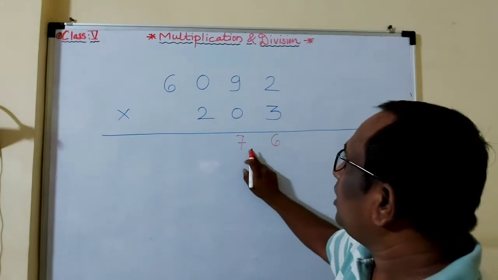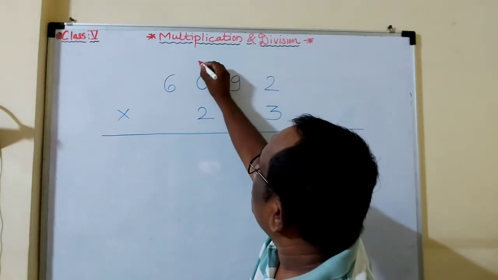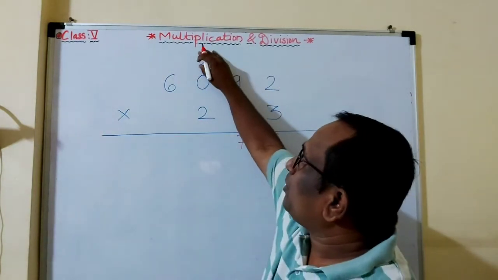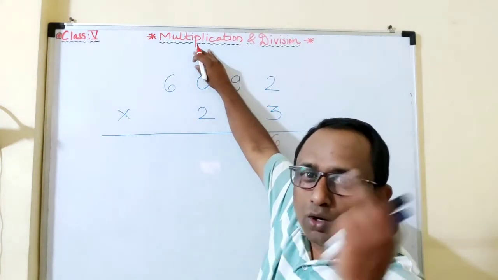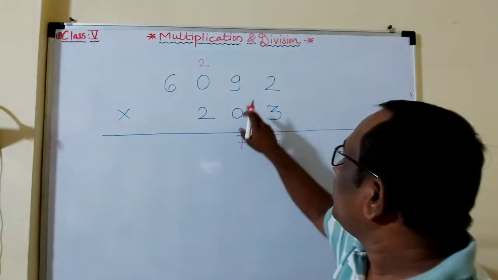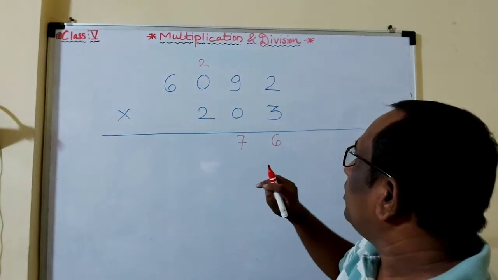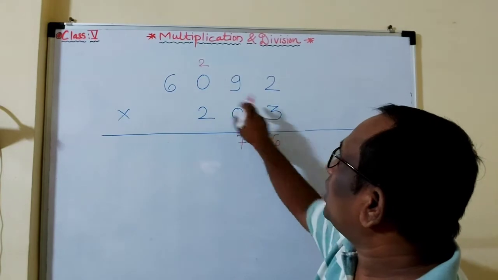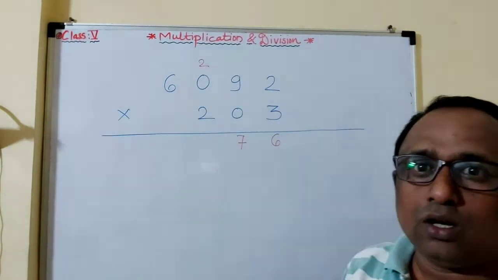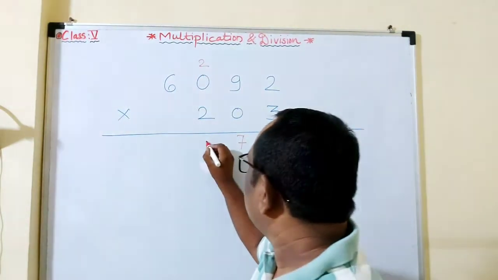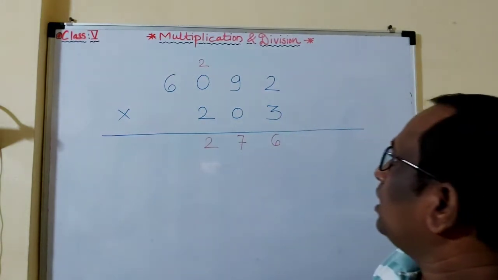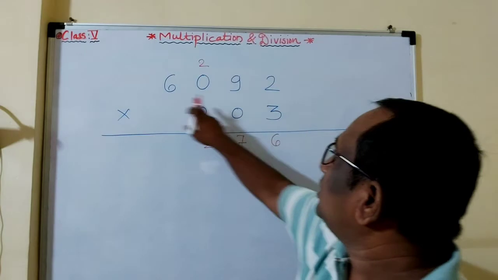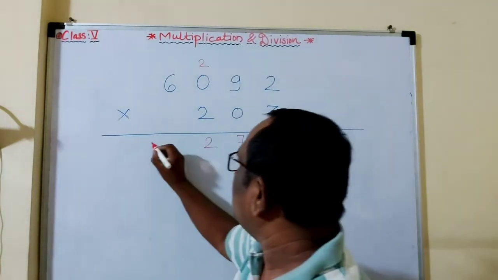Okay, 27, 2 carry over. I'll write for your information, but no need to write actually, you have to keep in mind. So 9 3s are 27. Now we have to multiply 3 to 0. 3 zeros are 0 and that 2 as it is. Then 6 3s are 18.